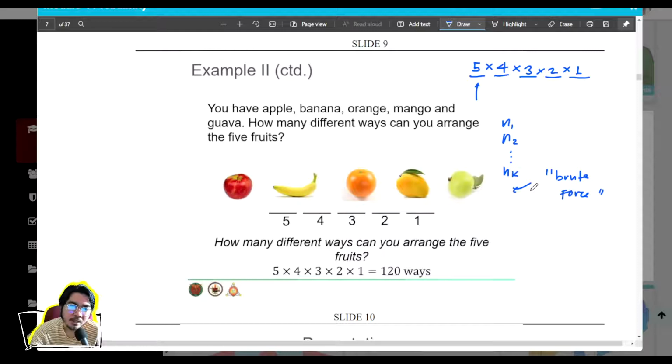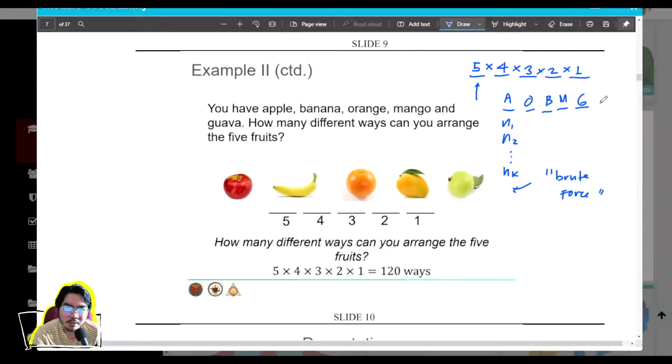Okay? Now, what is the probability na ang lumabas is apple, kunwari apple, orange, banana, mango, and guava. Kunwari ganyan. Kung gusto ko specific arrangement, ano yung probability na ito yung makuha kong arrangement if I were to do this operation at random, no?